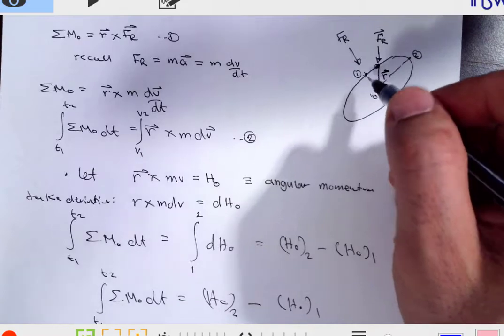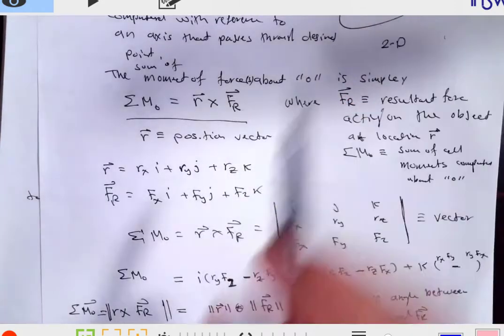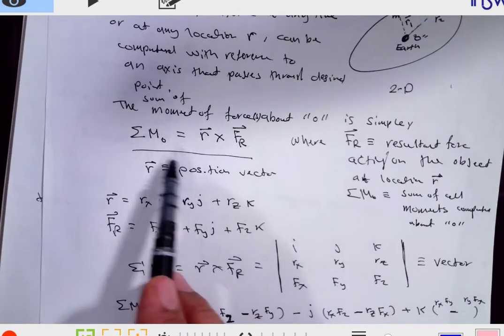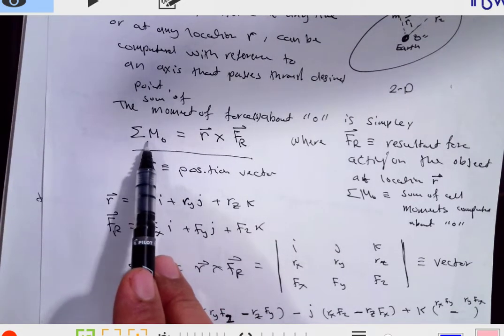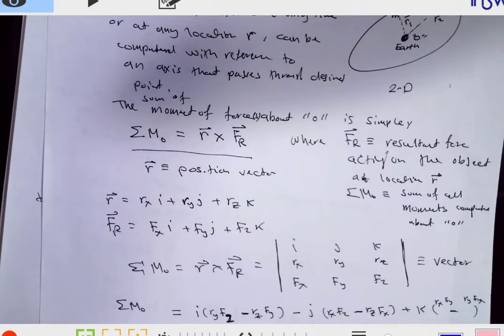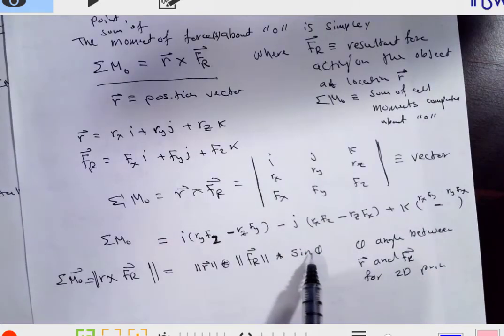And we know that we said, when that force, we're still examining this case study, the summation of all moment in scalar form is equal to r multiplied by Fr multiplied by the sine of the angle between them.